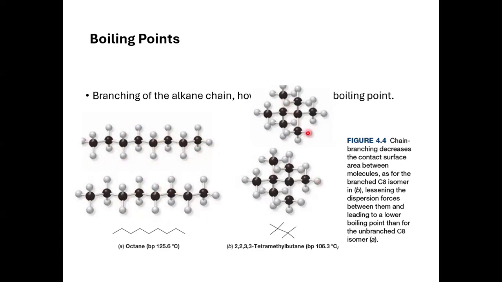And if you have a highly branched molecule, there is a lesser interaction between the first molecule and the other, and the dispersion forces between the two molecules will be lessened. Because of that, you need less energy to convert this into the gaseous state, such that the boiling point for this is much lower than the boiling point for the unbranched alkane.